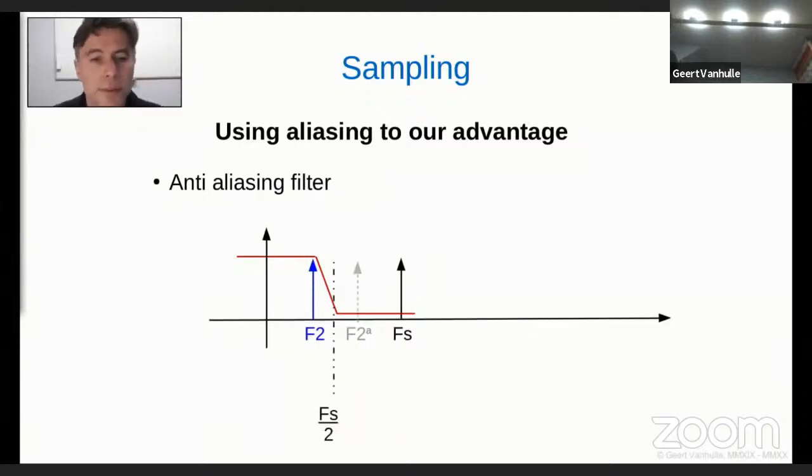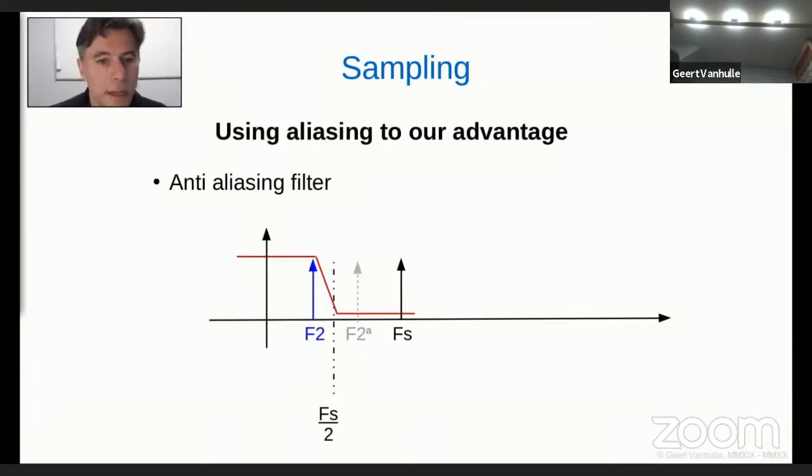Now, there's a second possibility of aliasing frequencies. We can have a frequency that is actually lower than the sampling frequency, but is also projected into a lower frequency due to this aliasing effect. And any frequency above half of the sampling frequency has this effect. And this is actually the reason why Shannon-Nyquist exists.